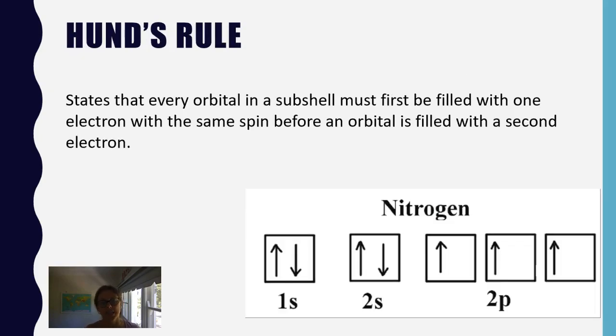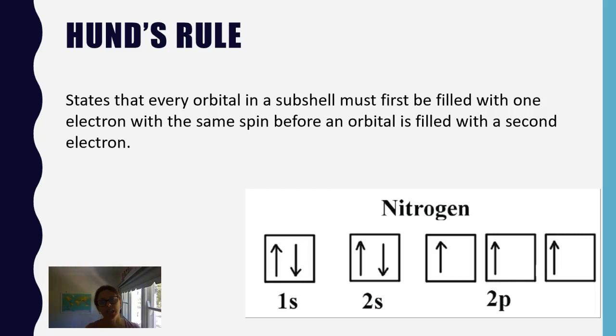And the last one is Hund's rule. Now, Hund's rule states that every orbital in a subshell must first be filled with an electron of the same spin before we can fill the second electron. So in this example here, the first shell's pretty easy, so 1 up, 1 down, it's done. The next one, 1 up, 1 down, or positive spin, negative spin, it's done.